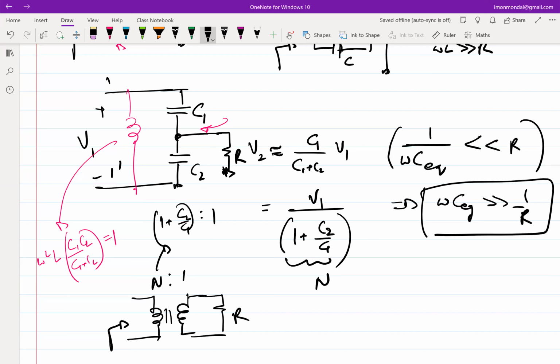Step up is difficult to implement, so I would like to change the variable of interest, and I'll basically say I would like to step down the current. So if I have to step down a resistance at port 1, I'll try to step down the current at port 2. Does that make sense?